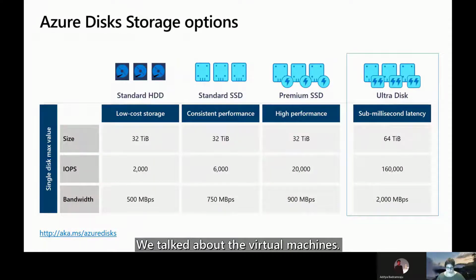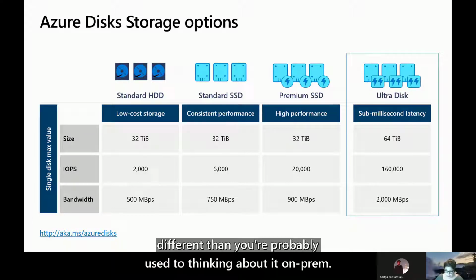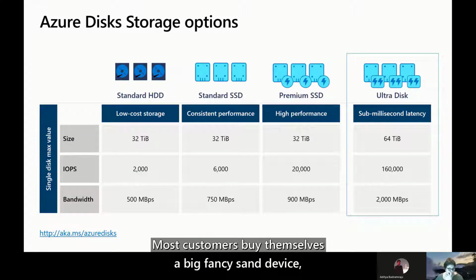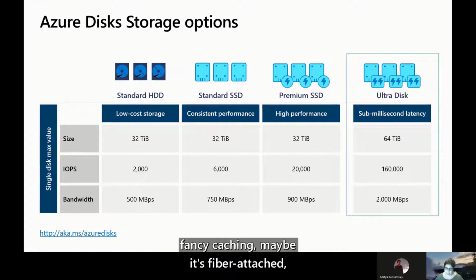So we've talked about the virtual machines. Let's talk about storage. The way you think about storage in Azure is a little bit different than you're probably used to thinking about it on-prem. Most customers buy themselves a big fancy SAN device, a large array that has a huge amount of IOPS and throughput, fancy caching. Maybe it's fiber attached, so the fabric itself is super fast.